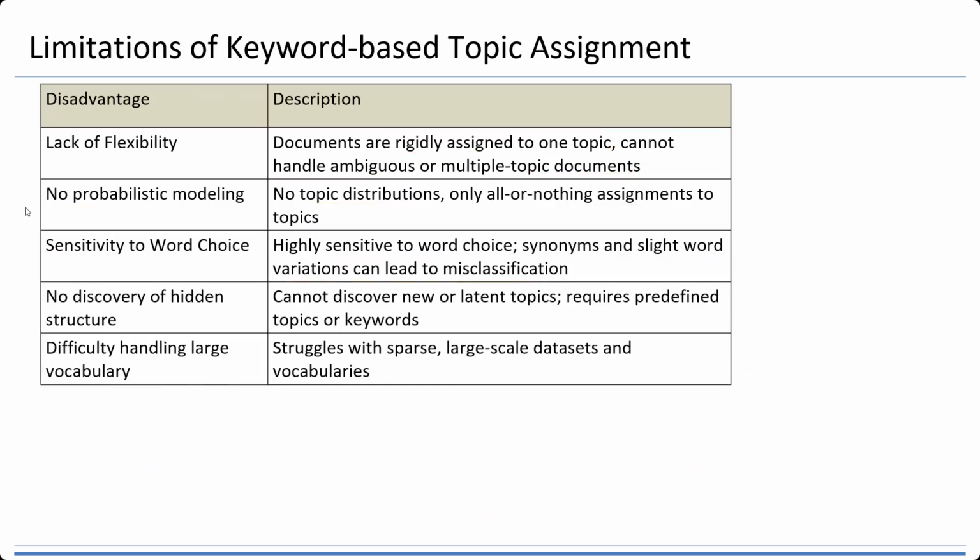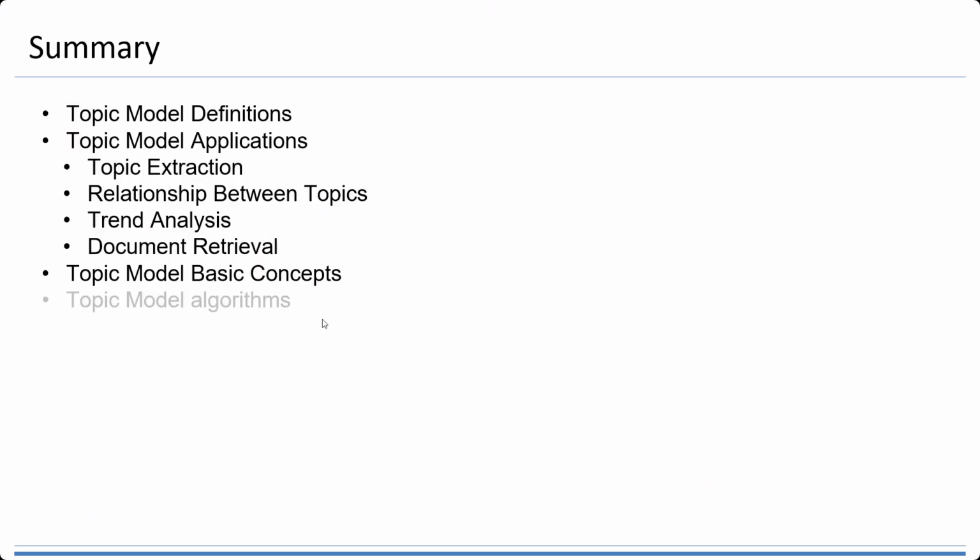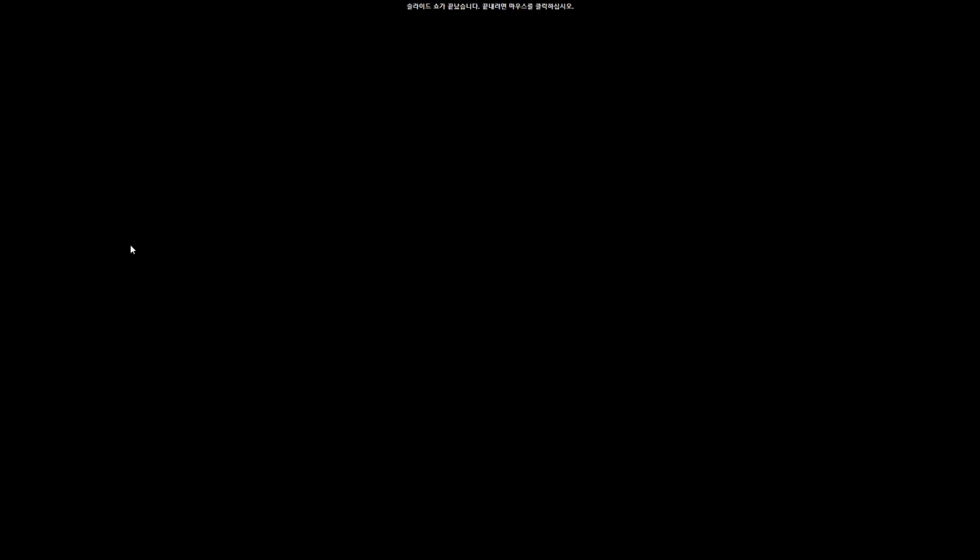But the key idea, we can use for the topic model. Next, we will learn more about the algorithms. I will create another PowerPoint for the algorithm section. Okay, any questions?